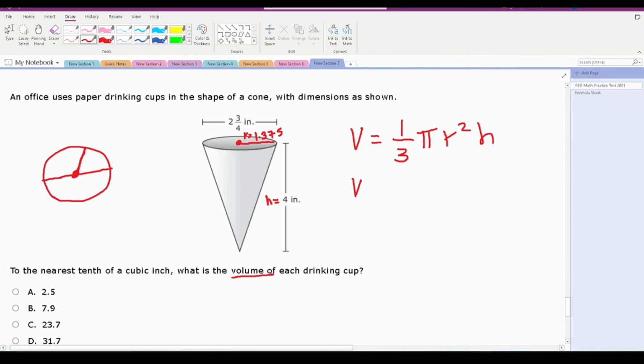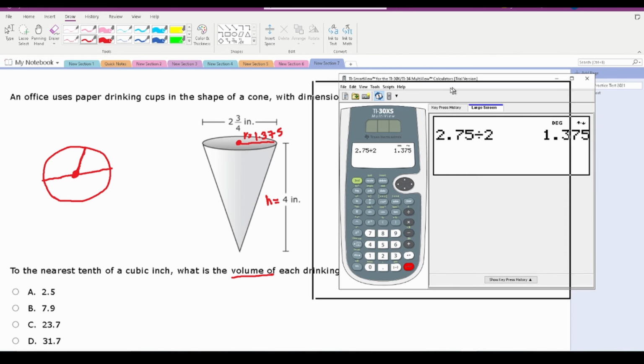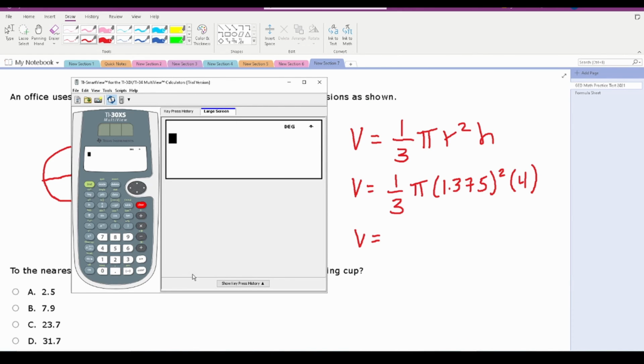We have volume equals 1/3 pi, r squared is going to be 1.375 squared, height is 4 inches. So let's go ahead and plug this into our calculator. We have 1/3, which I'm going to put in parentheses like this, times pi.